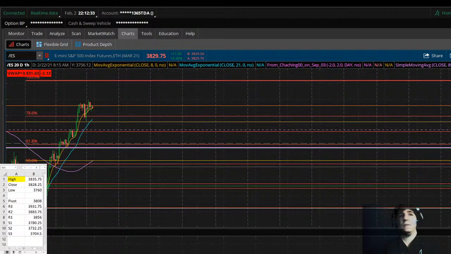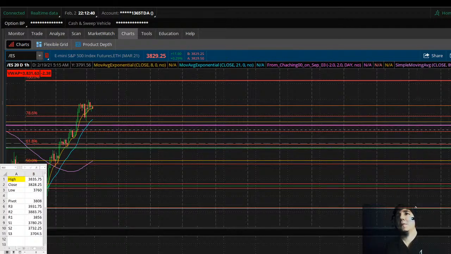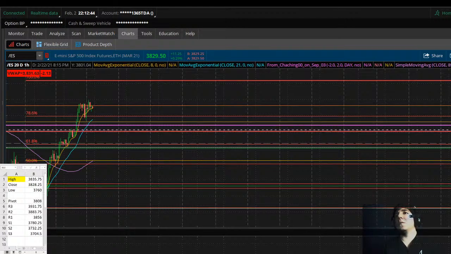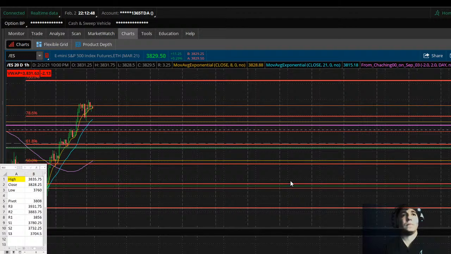Let's edit the pivot. 3808. Okay, R1. 3856.